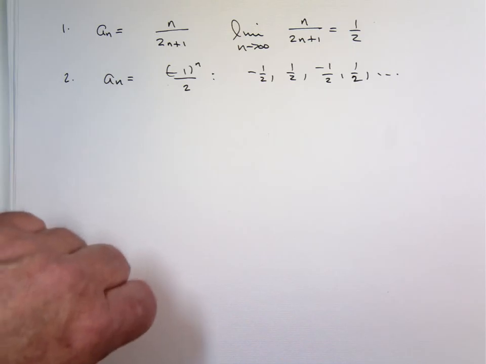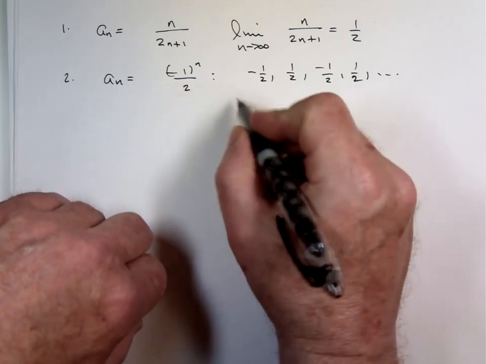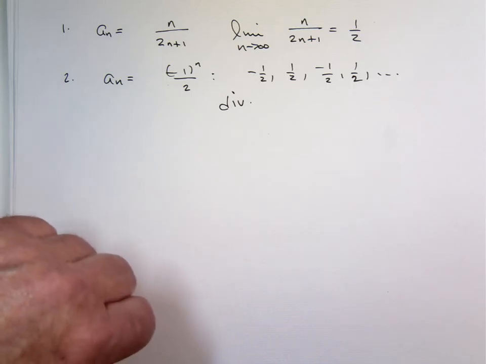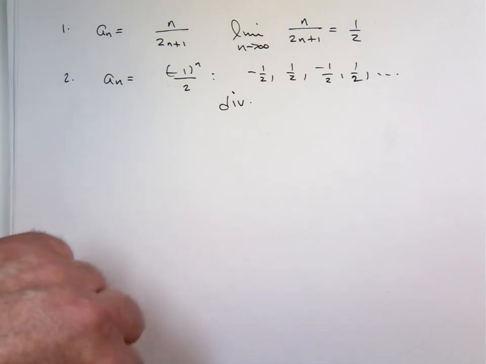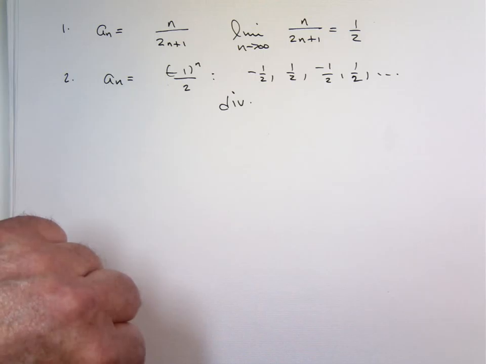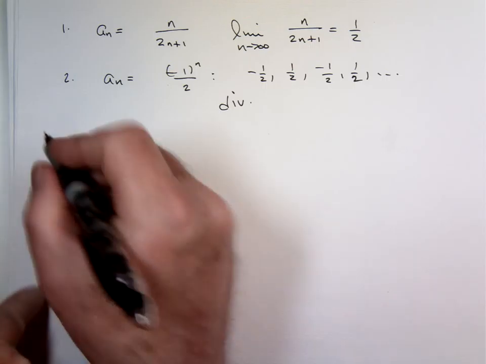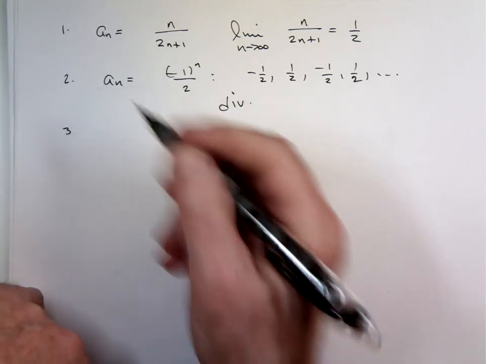And because there is no limit, that diverges. Okay? There is no limit. If you had that series to add up those terms, that series would also diverge because that nth term is not going to 0.